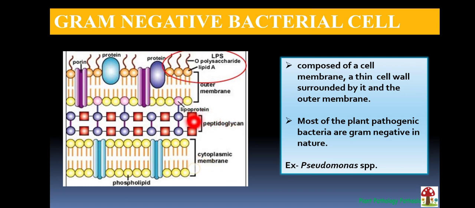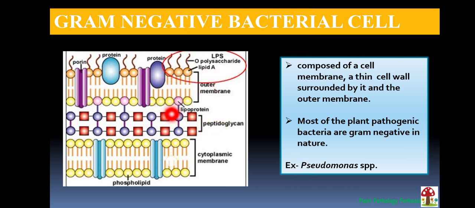Next to the cell wall, another layer is there, that is the outer membrane, which consists of lipid or lipopolysaccharide, that is LPS. Now you are clear that the gram-negative bacteria are composed of a cell membrane, a thin cell wall made up of a single or small layer of peptidoglycan, and an outer membrane that is lipopolysaccharide in nature.